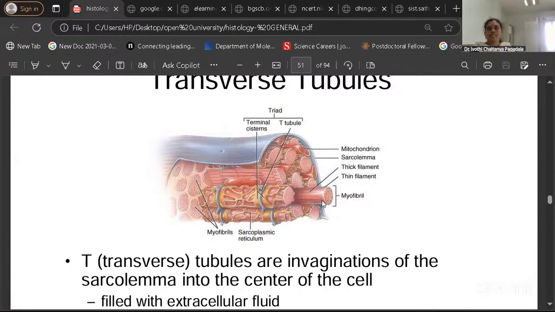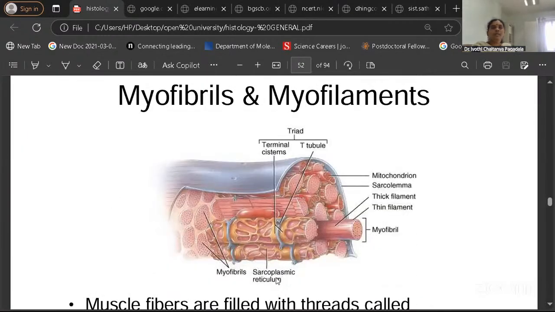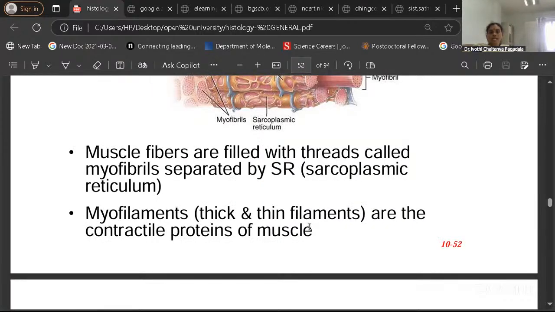Here you can see the presence of myofibrils and sarcoplasmic reticulum. When coming to the structure of myofibrils and myofilaments, as we just discussed, muscle fibers are filled with threads called myofibrils separated by sarcoplasmic reticulum.